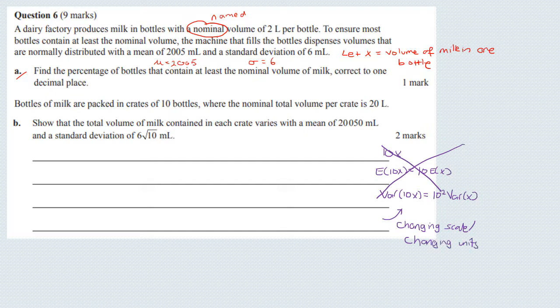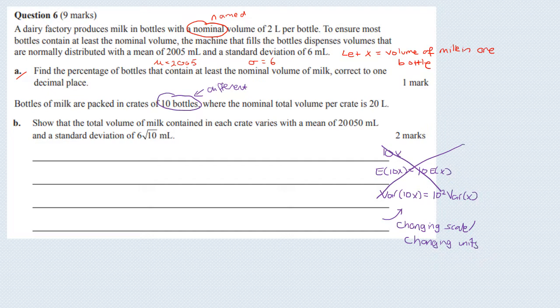In this case, we're taking 10 different bottles, and each of those 10 different bottles is going to vary differently. Each of those 10 different bottles will have a mean of 2005 and a standard deviation of 6.